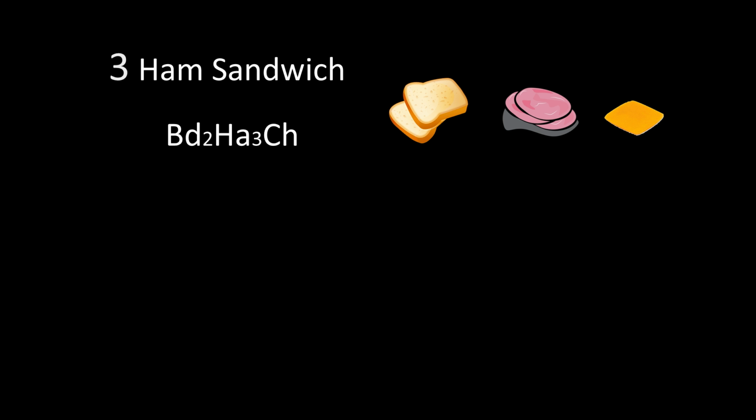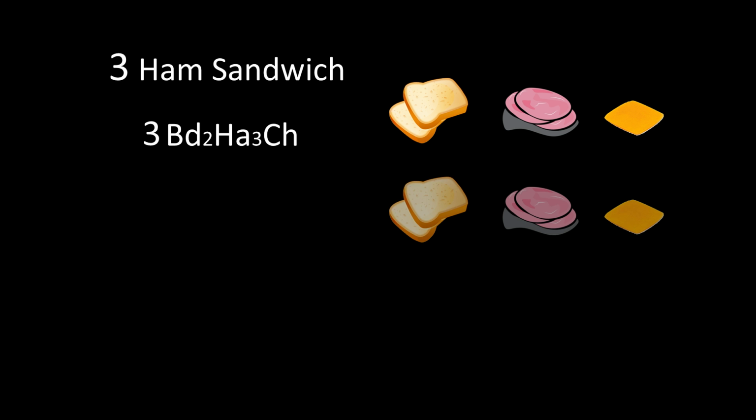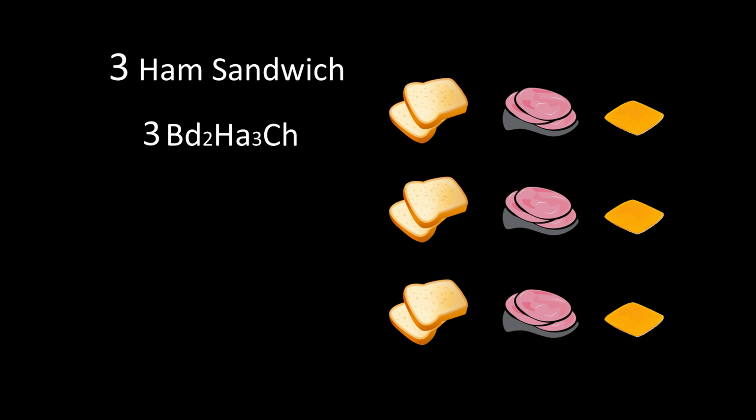Now let's say we want 3 ham sandwiches. Well, a 3 goes right in front of that chemical formula. And here are the rest of our ham sandwiches. And so what we do is determine how many total pieces of bread, how many total pieces of ham, and how many total pieces of cheese there are.